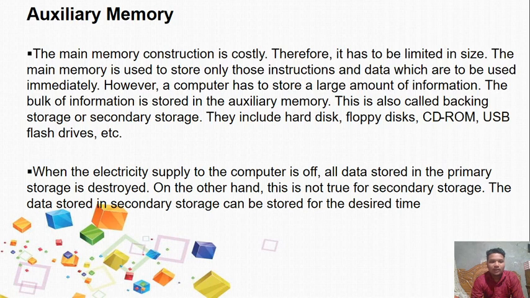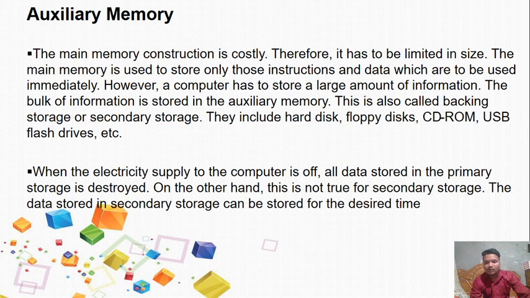Now, auxiliary memory. The main memory construction is costly, therefore it has to be limited in size. The main memory is used to store only those instructions and data which are to be used immediately. However, a computer has to store a large amount of information. The bulk of information is stored in the auxiliary memory.